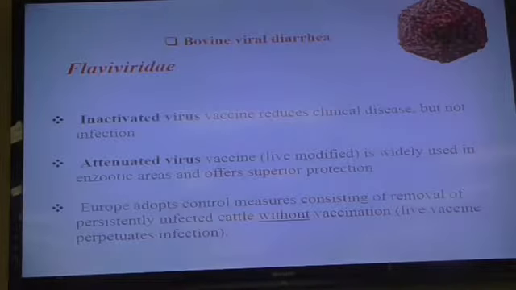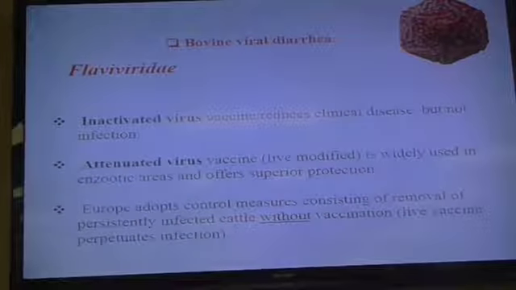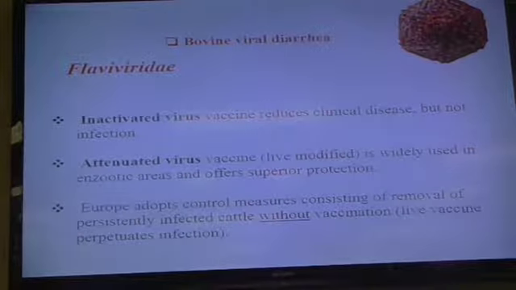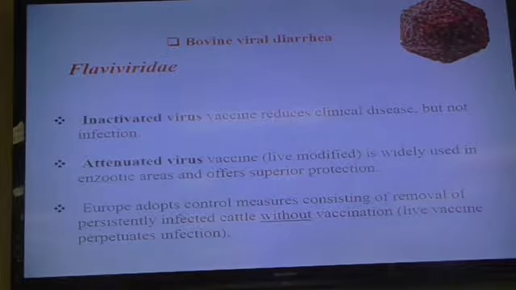And obviously when it comes to control and management, dealing with the persistently infected calf and vaccination are important. There are vaccines, inactivated and attenuated. The inactivated one reduces the clinical disease but not the infection. What does this mean?